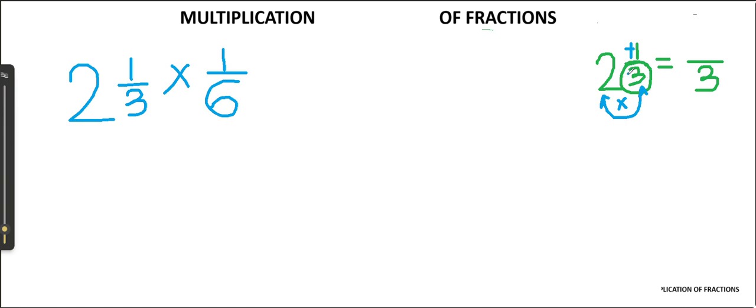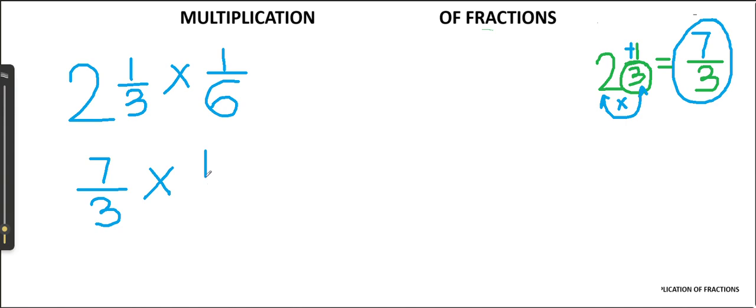So 2 times 3 is equal to 6, plus 1 gives us a 7. So our final answer by converting the mixed fraction to an improper fraction is 7/3. Now I'm going to write that over here. 2 1/3 is equal to 7/3 times 1/6.